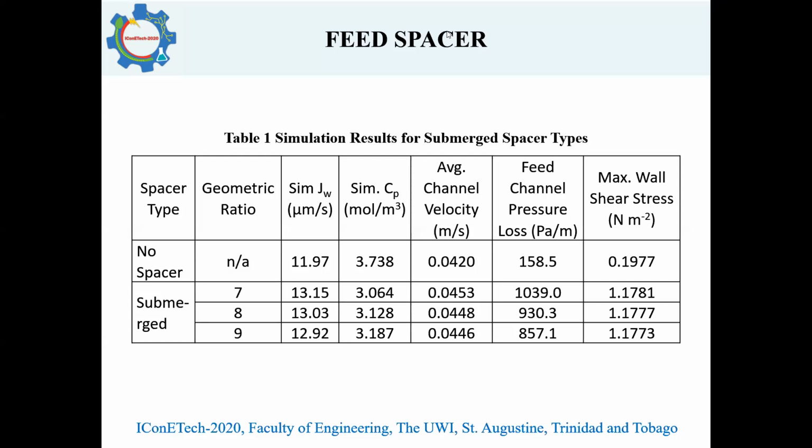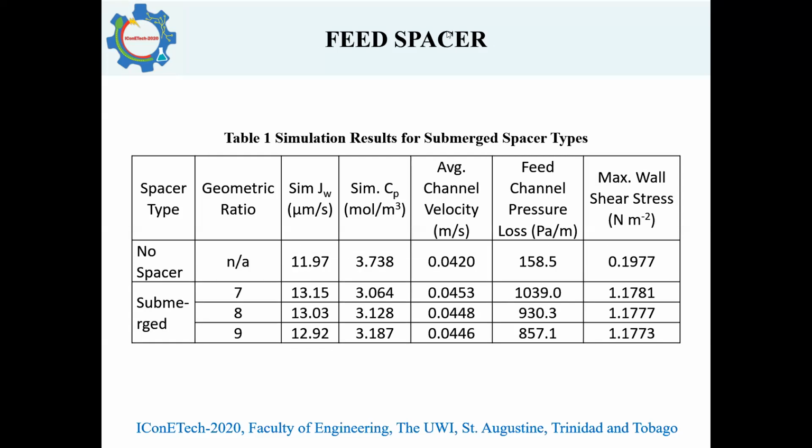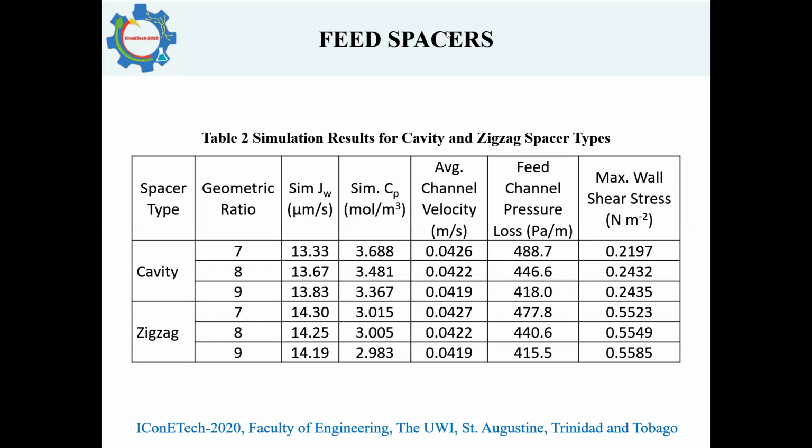What we also found is that the max wall shear stress increases significantly, and the value shown here is in fact in line with the literature. We further found that submerged spacers, again in line with the literature, are probably the best type of configuration to be used.